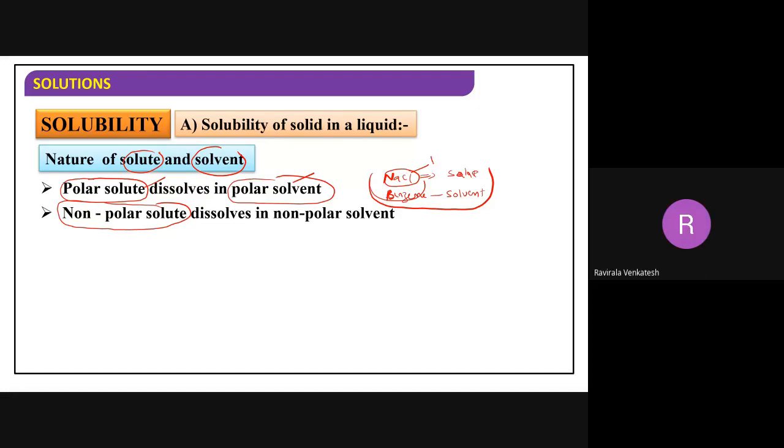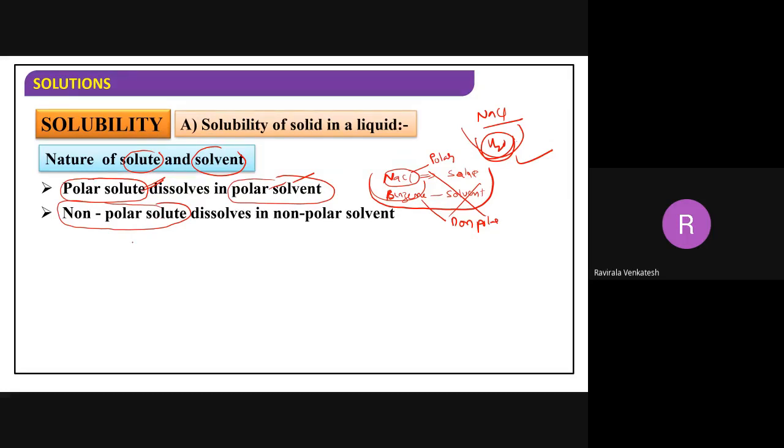No, sir. NaCl is polar, benzene is non-polar. Now impossible. It is never soluble because polar dissolves in polar. That means if I dissolve the same NaCl in water, definitely it will dissolve because NaCl is polar and water is also polar. Understood?